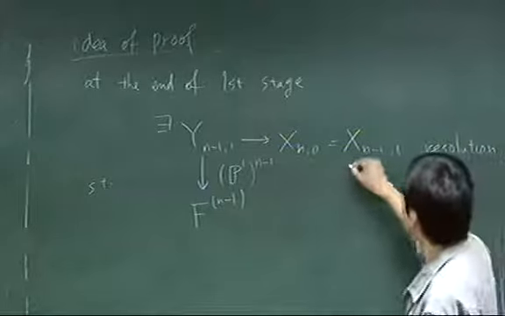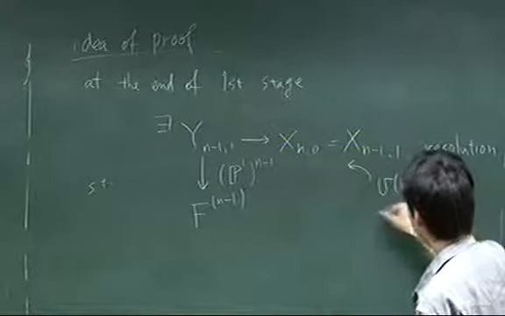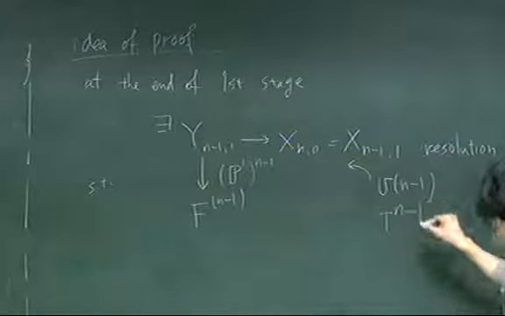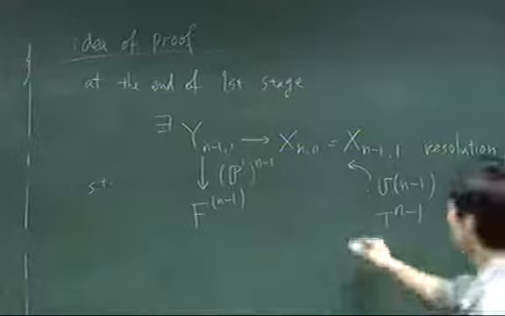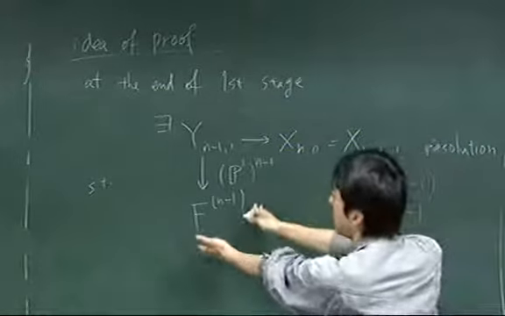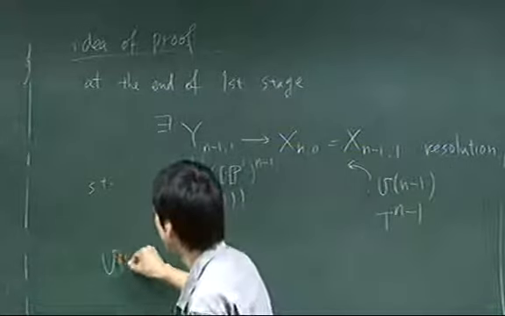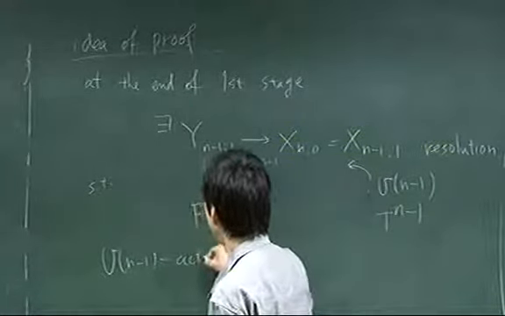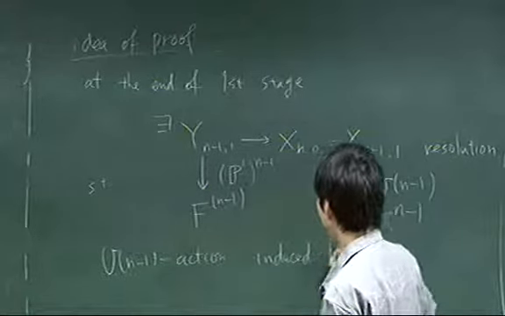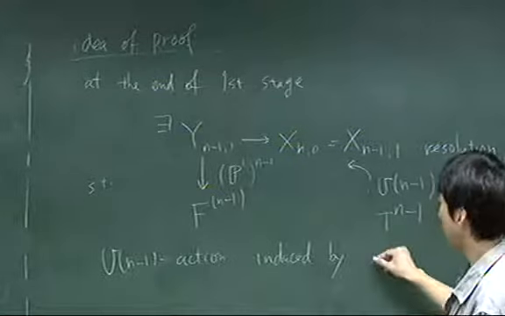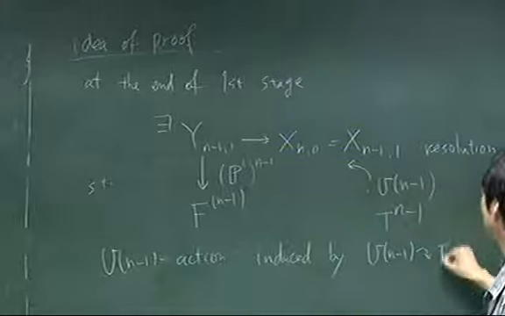Then now we have the action of U(n-1) and T(n-1). Then we pull back the action on this total space. Then this action is induced by the standard action on this flag manifold.